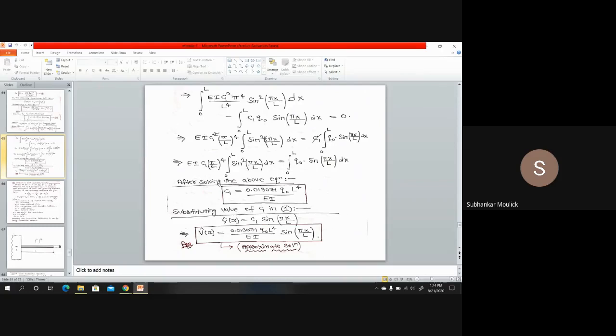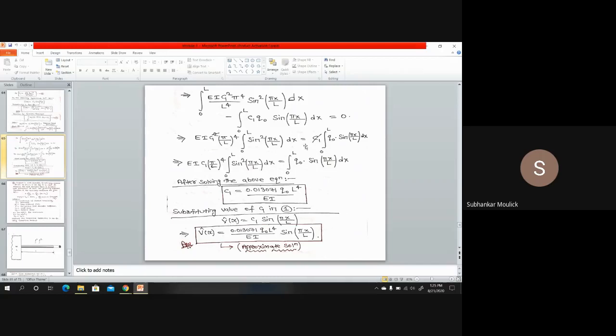If you bring it towards your right hand side, EI c1 square pi to the power 4 and L to the power 4 is a constant quantity. Take it out from the integration. Then it will become the integral of 0 to L sine square pi x by L dx equal to c1, a constant quantity, taken out from the integration, times the integral of 0 to L of q naught into sine of pi x by L dx.